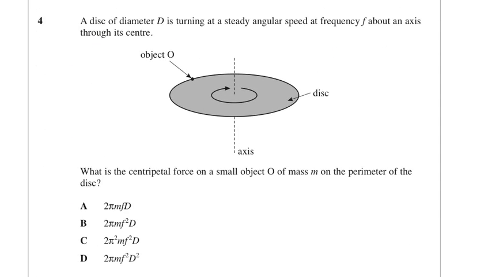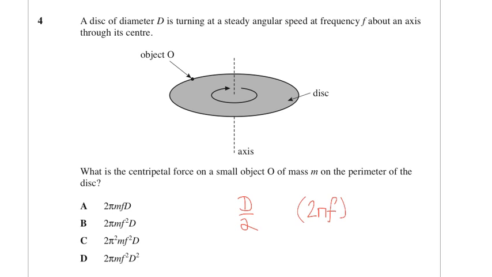A disk of diameter d is turning at a steady angular speed at frequency f about an axis through its centre. What is the centripetal force on an object O of mass m on the perimeter of the disk? The radius will be d over 2, and the angular speed will be 2 pi f.